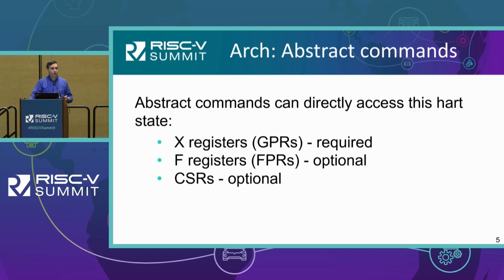The program buffer, though, is a little bit more powerful because it can allow short instruction sequences to run. So maybe it could read some state out of a custom register file and move it into a temporary register before pushing it out to the debugger, because maybe the custom extension doesn't have a direct path from the custom register file to the debugger.